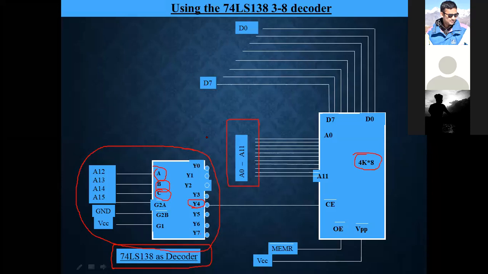Then Y2 is 0 1 0, Y3 is 0 1 1, Y4 is 1 0 0, Y5 is 1 0 1, Y6 is 1 1 0, and Y7 is 1 1 1. So this is the decoder selection procedure. Clear or not?